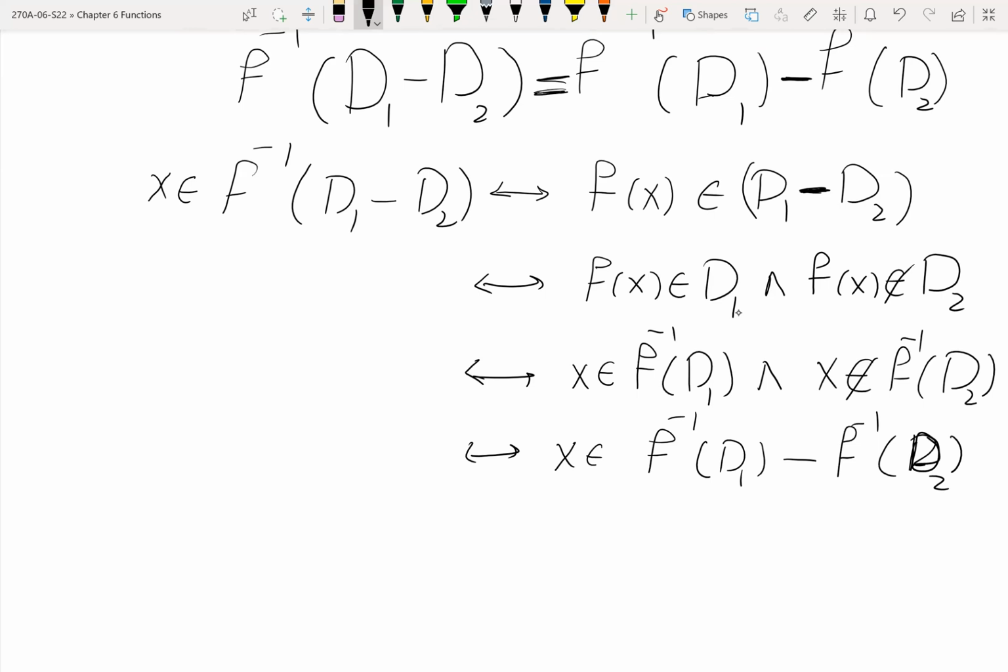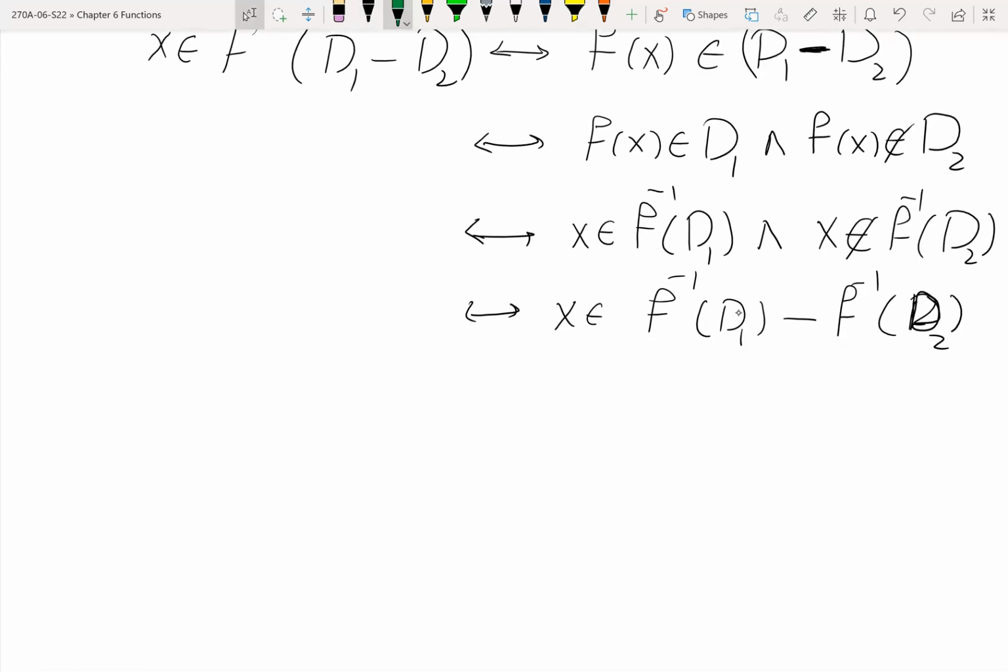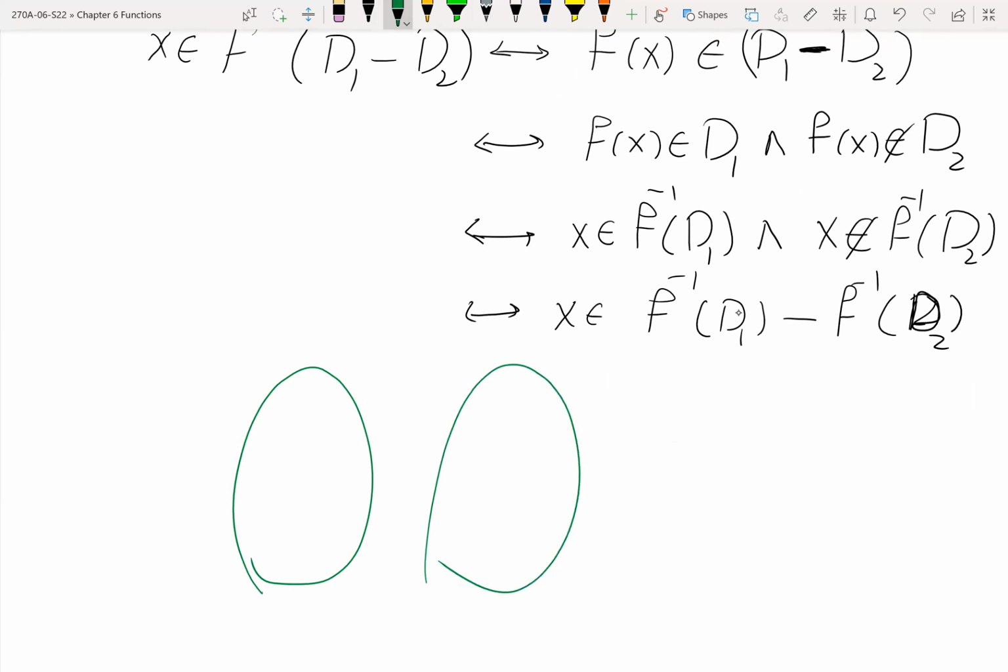Is this okay? At the very bottom, not the one above that. How did you get from f of x exists in D1 to x exists in the inverse of D1? Can you explain that to me, the logic that you use? So you see your f is defined from D1 to whatever is the image, which is f of D1, right?